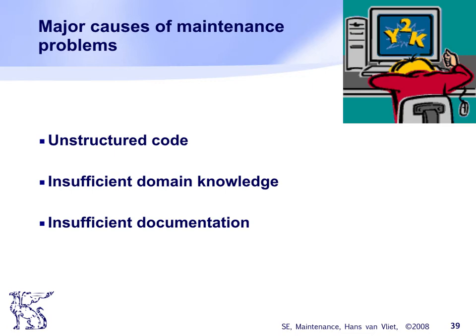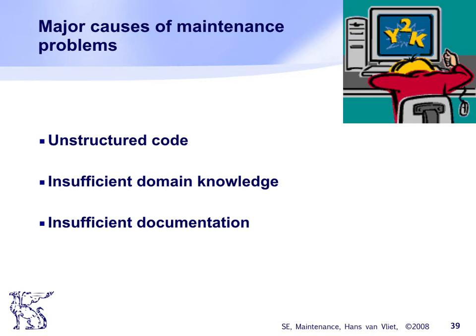If the program is unstructured, then it's very difficult for a programmer to detect and correct a critical defect which is affecting customers' operations. So that's why well structured code is very important, and it will give you less maintenance work.